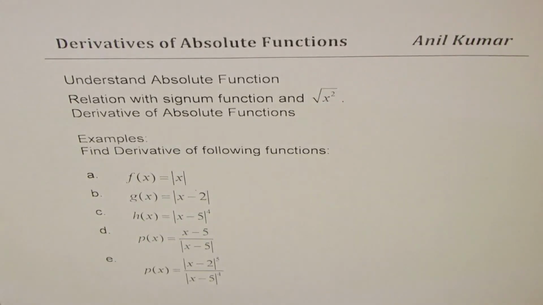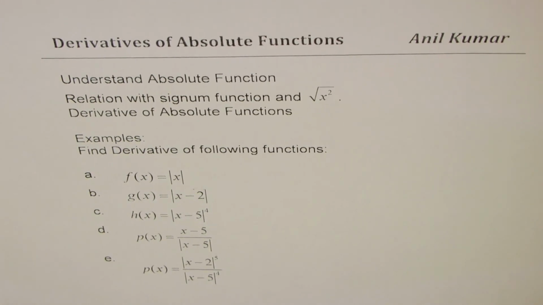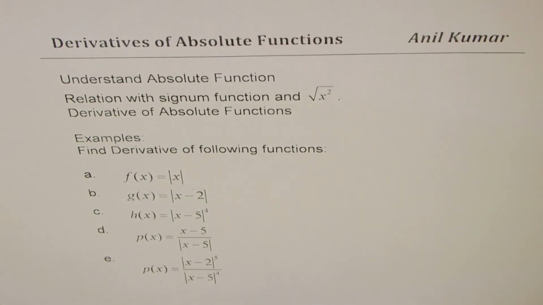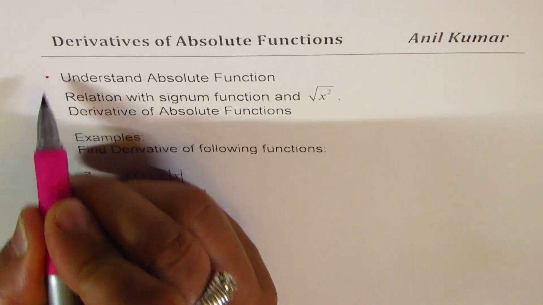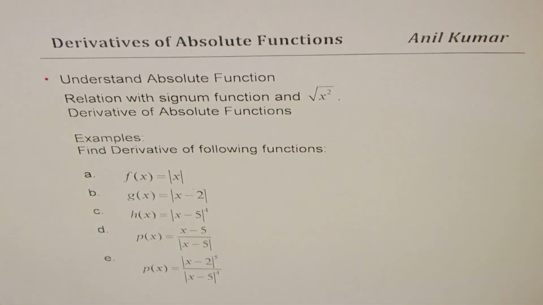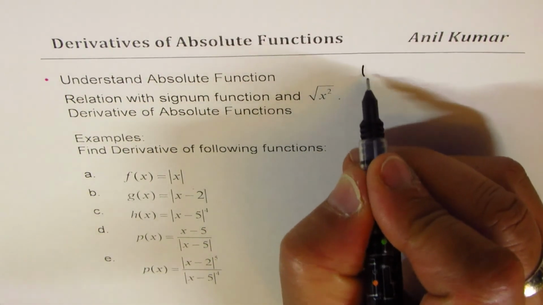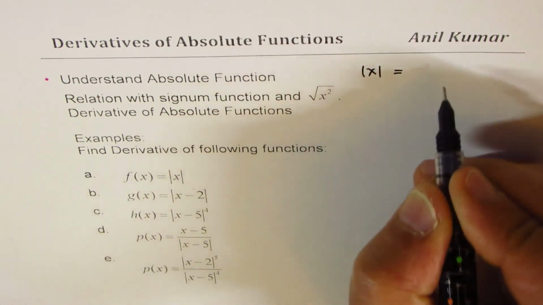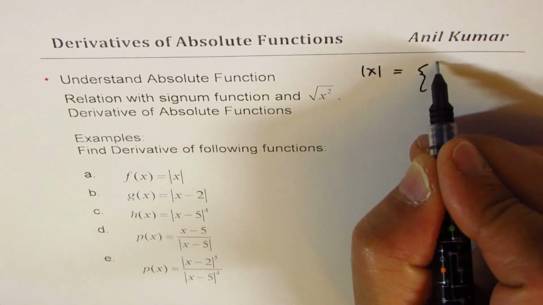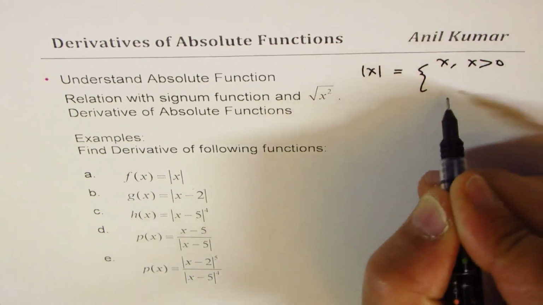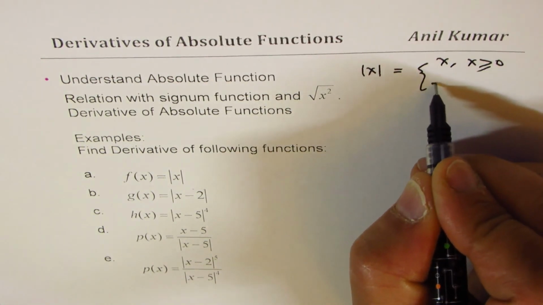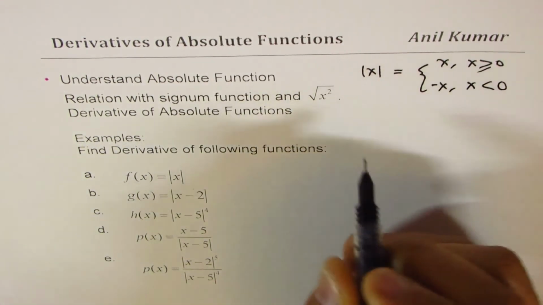Let me get back to the original function which we started with. What we really understood in this video is the absolute function, which, let me summarize, can be written as a piecewise function: x when x is greater than or equal to 0, minus x when x is less than 0.